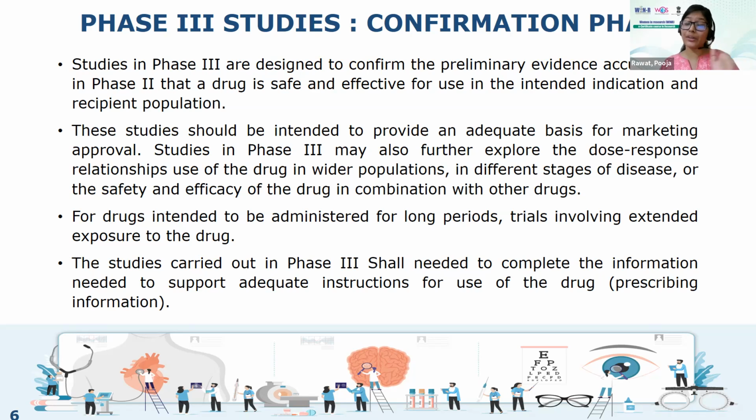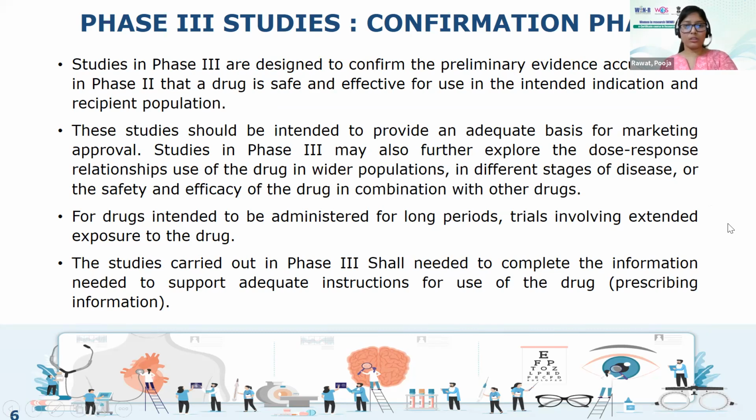In every phase regulatory approval is there because you need to submit to the respective regulatory authority, but for marketing you need the proper approval, the NOC kind of approval for this drug. So you should have the complete information.